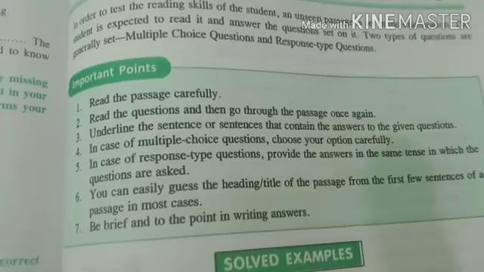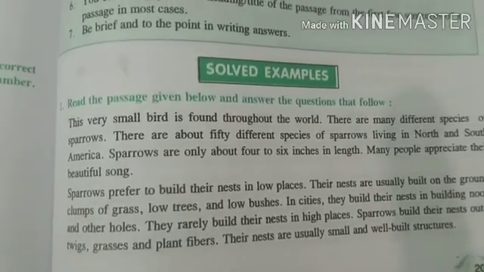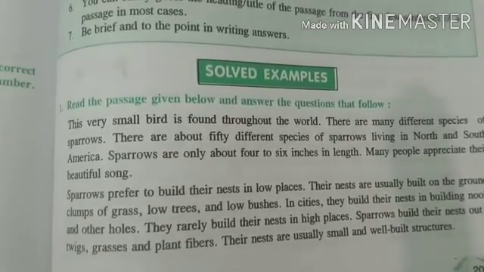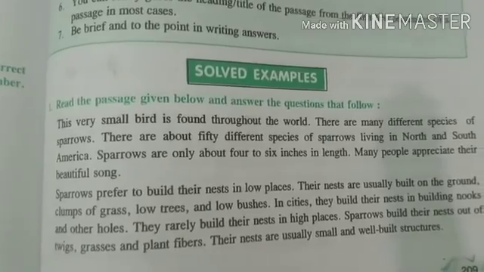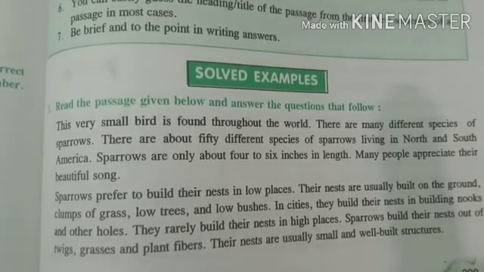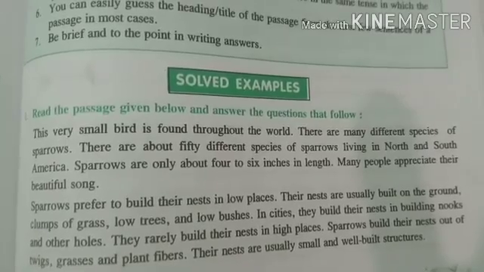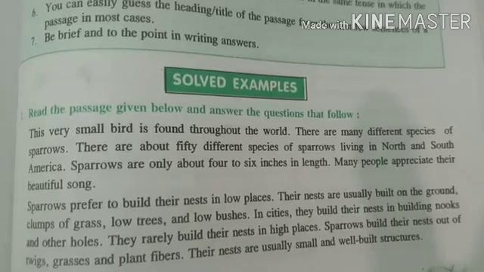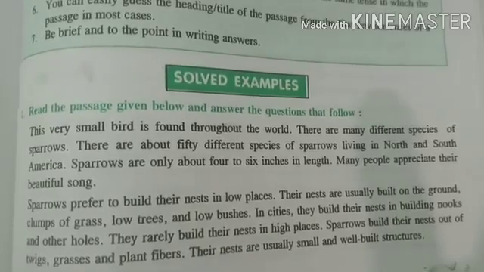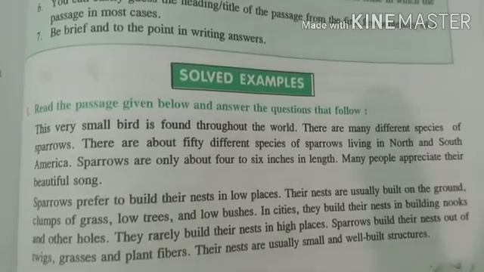Now you can see a passage has been given here in your book. It's written, this very small bird is found throughout the world. There are many different species of sparrows. There are about 50 different species of sparrows living in north and south. Don't you think after reading these two lines, if I ask you to give a title to this passage, you will say it's all about birds, right?